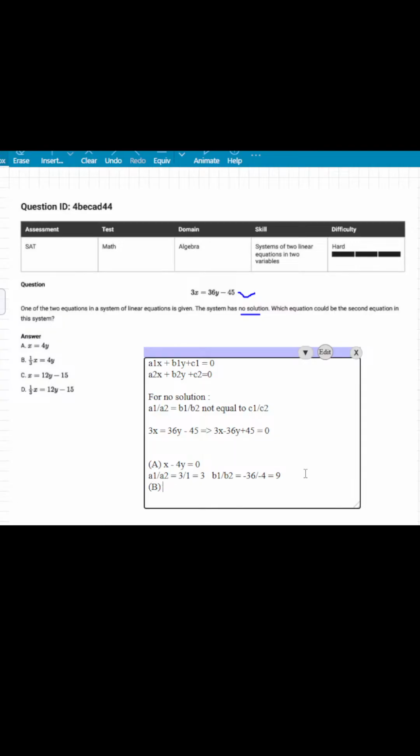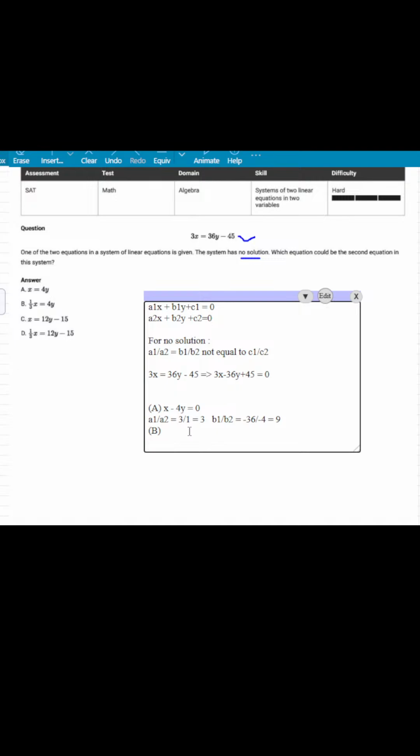So then we go to the next option, B, and here again we check the respective coefficients one by one to find out the ratio. We have 1 by 3 x equal to 4y, so we can write it as 1 by 3 x minus 4y equal to 0.